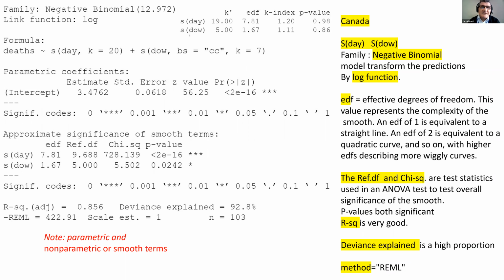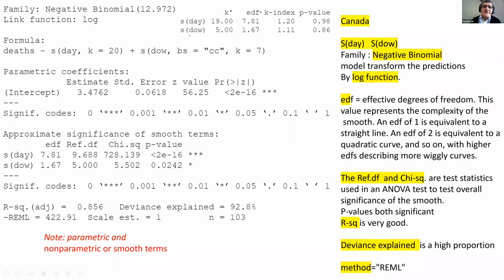The s(day) variable is also significant at the level of 0, and s(day of week) is also significant, but at the level of 0.05. The R squared is 0.85, which is almost good, and deviance explained is 92. And this scale estimate is the smoothing parameter, which we got from the restricted maximum likelihood approach, and it is 1.